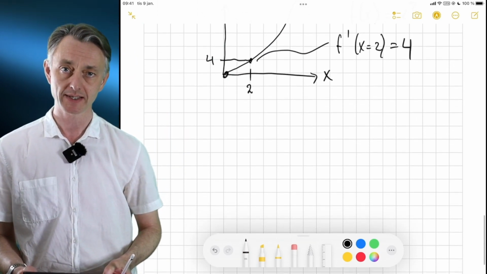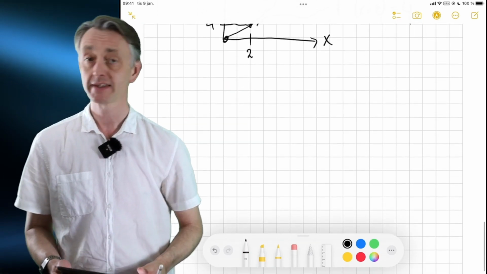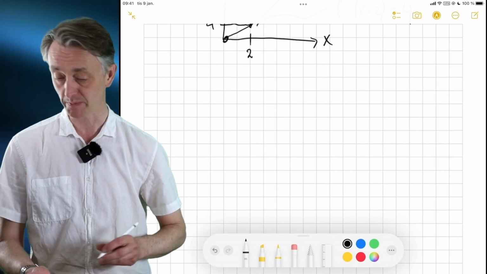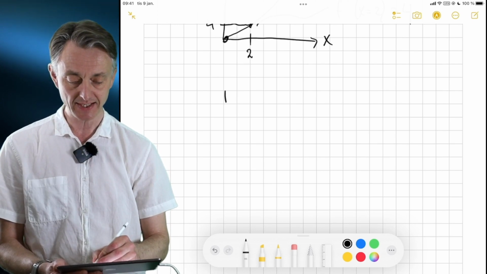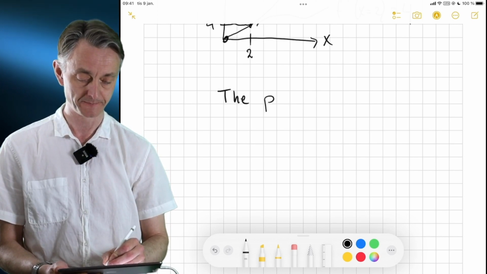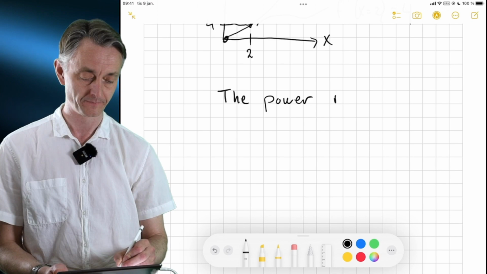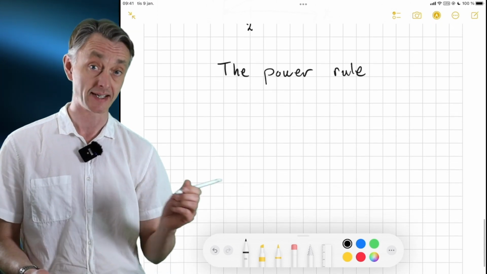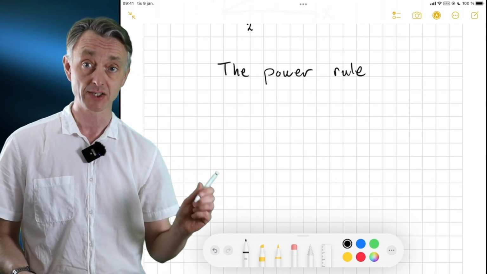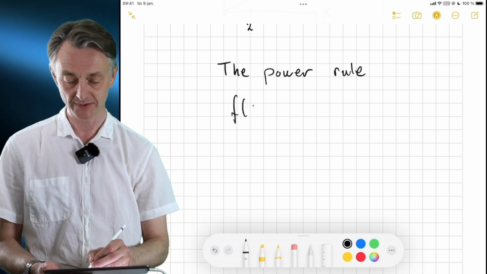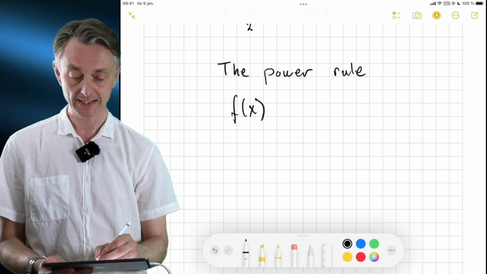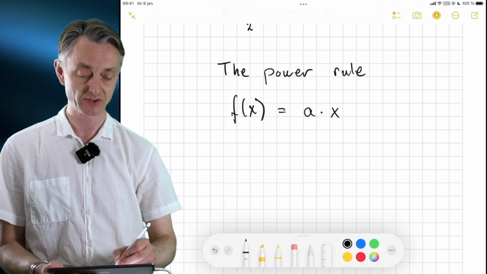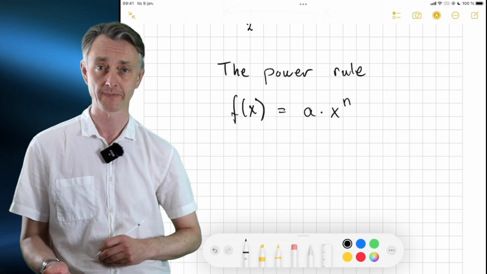Now, that was one example. There is a more general rule, which you may have guessed by now, or perhaps you knew it, namely the power rule. And that says the following. Let's say you have a function f of x, and it is equal to some constant a times x to the power of n.